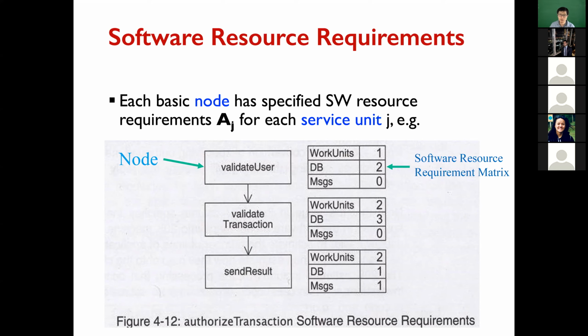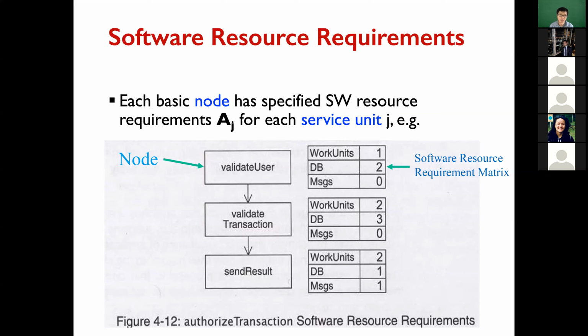For example, validate user may have one work unit that uses the CPU, 2 DB units, and zero messages. These are the basic service units included in the validate user step.